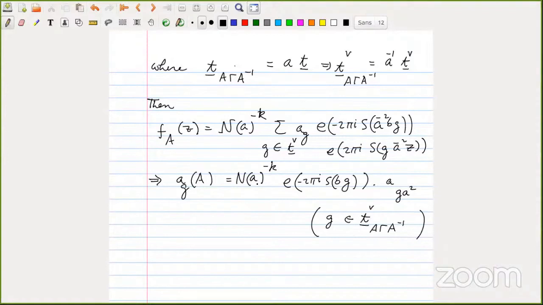So it's the product of these three things.